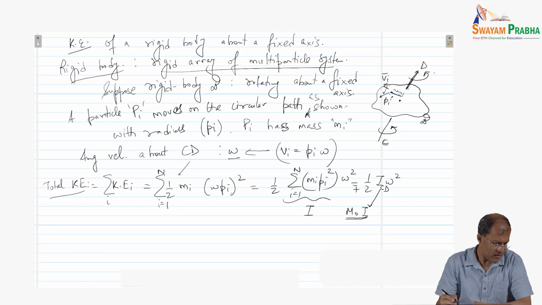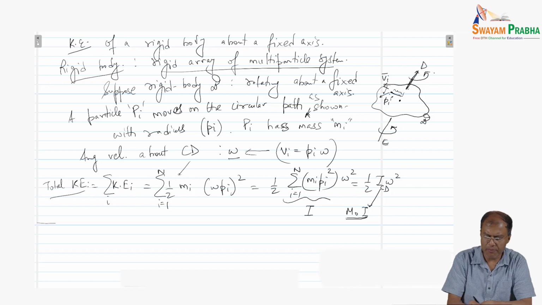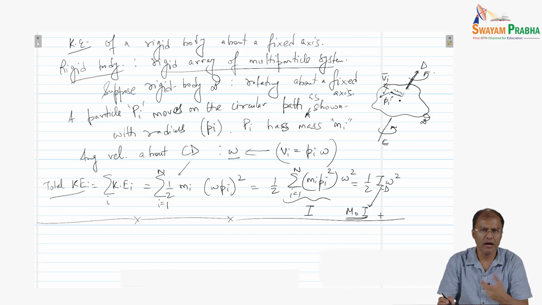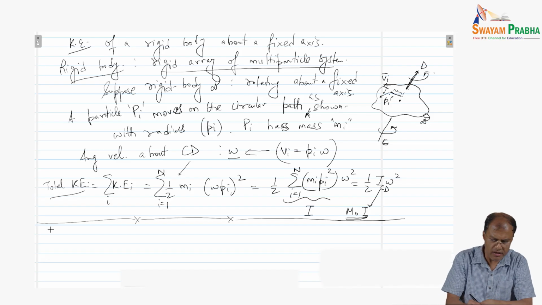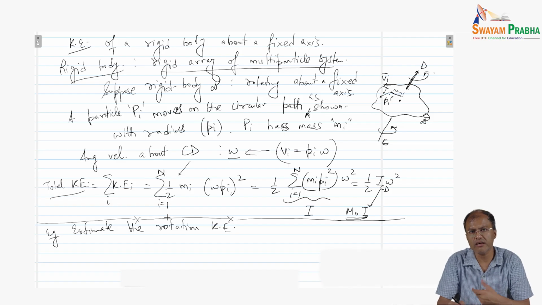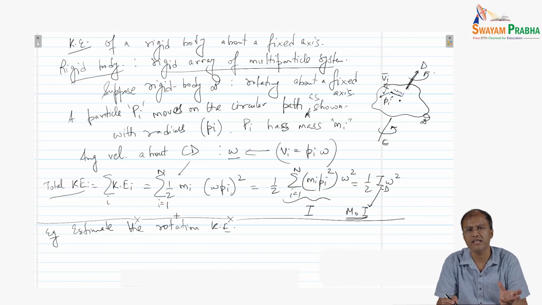Let us wrap up our discussion by quickly looking at one real life example. The example says: estimate the rotational kinetic energy of the earth, considered a rigid sphere rotating about a fixed axis through its center. By the way, the energy that we just found in the above expression was the rotational kinetic energy, because the rigid body was rotating.